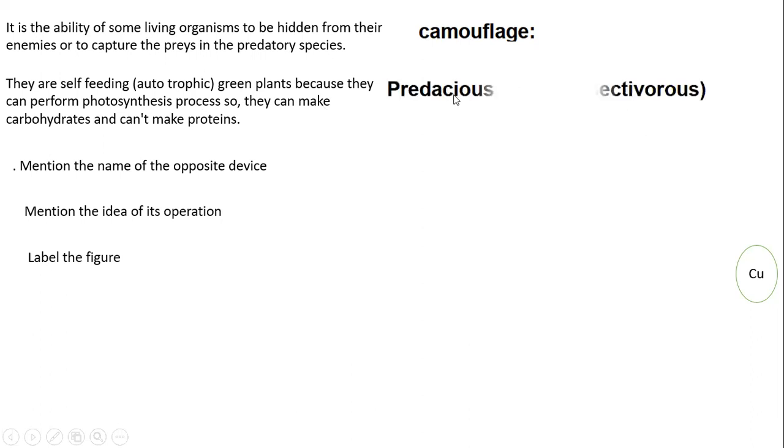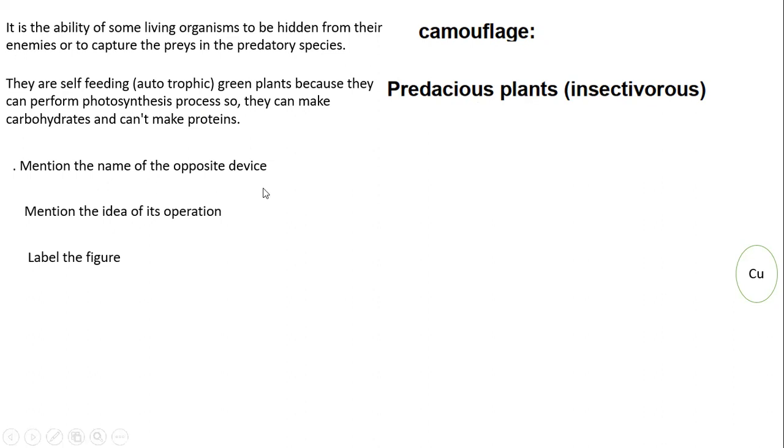So the insectivorous plants, we call them insect eaters. Because they need nitrogen substances and their roots can't absorb them from the soil, they eat the insects to get the nitrogen substances from them.